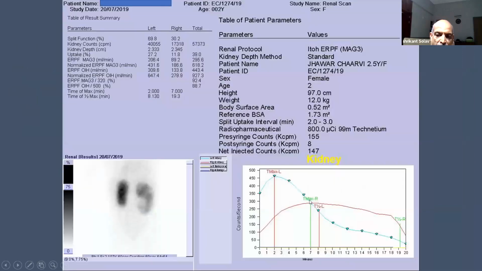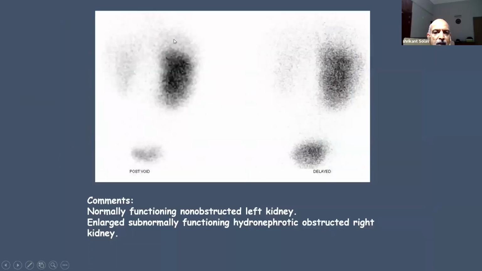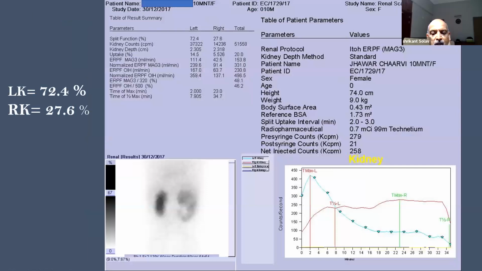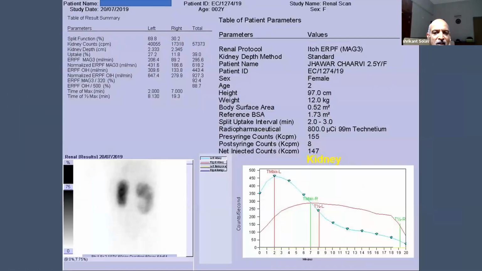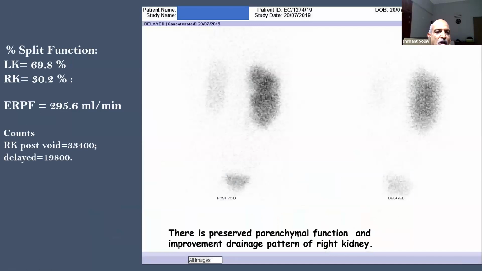The renogram curve, which was rising before, is now showing sluggish drainage, a downsloping curve, and the functional contribution, which was earlier 27%, is 30 now. It's almost the same. It's not much of a difference between the pre and post.